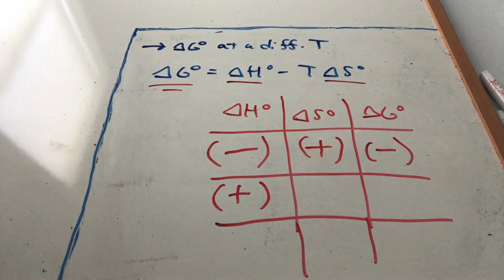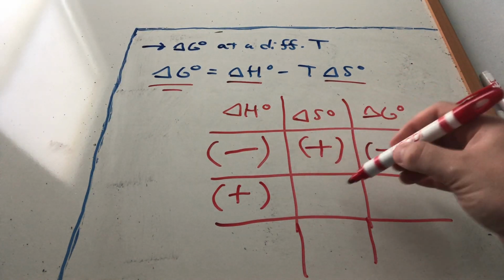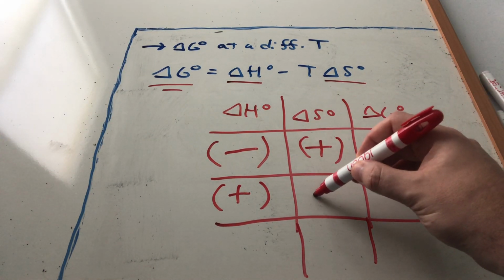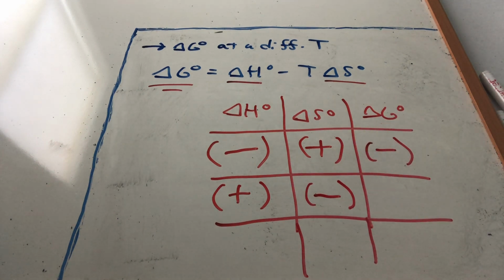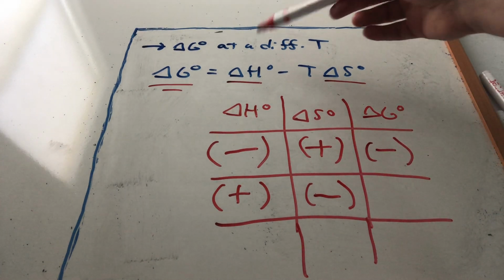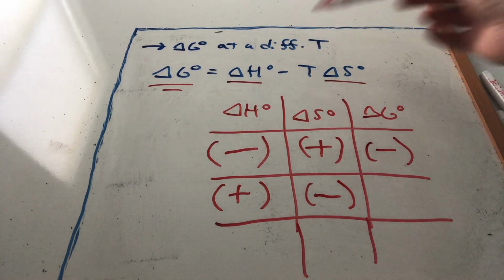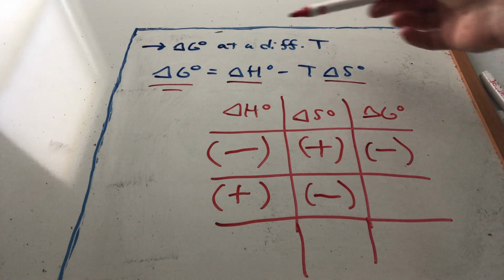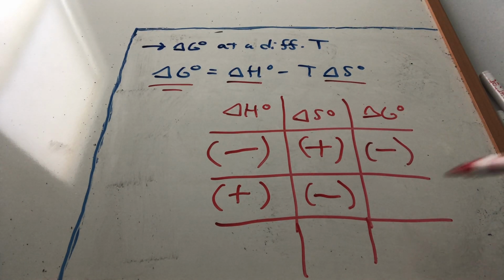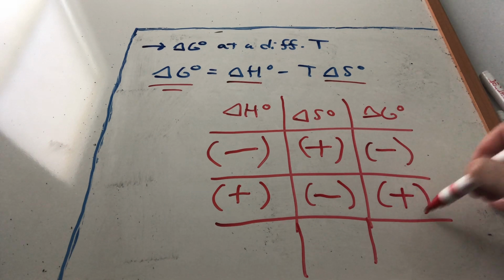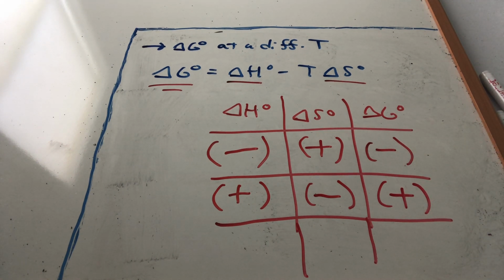What happens if I have an endothermic reaction? Well, then this is positive. What happens if at the same time I have a decrease in disorder, so I have a more ordered reaction? When this is positive and this is negative, this is positive. The negative here and the negative here make this positive. A positive plus a positive gives me a positive delta G every single time.